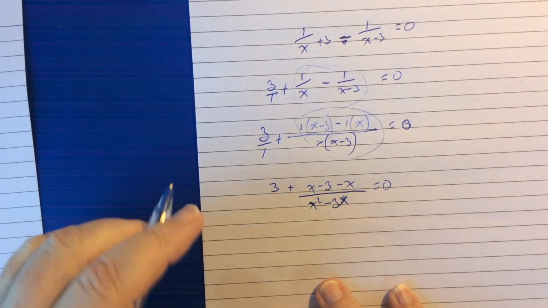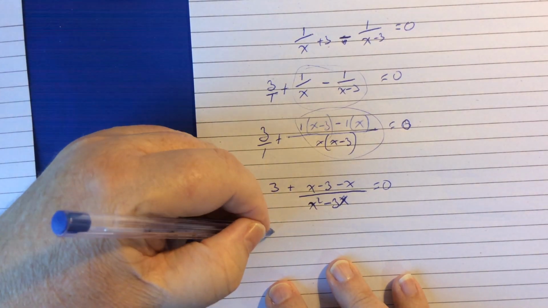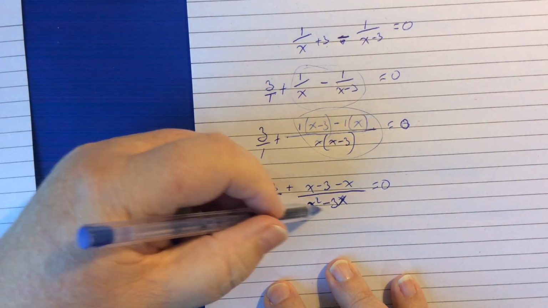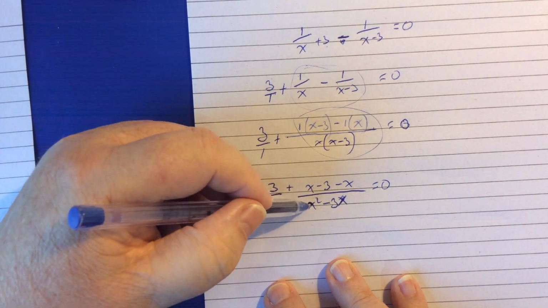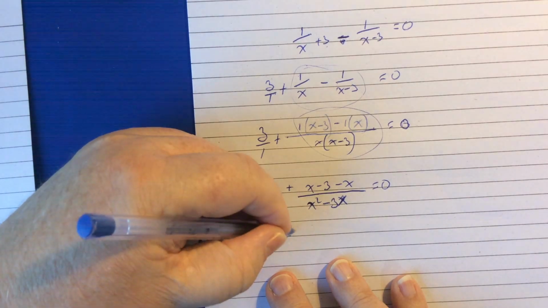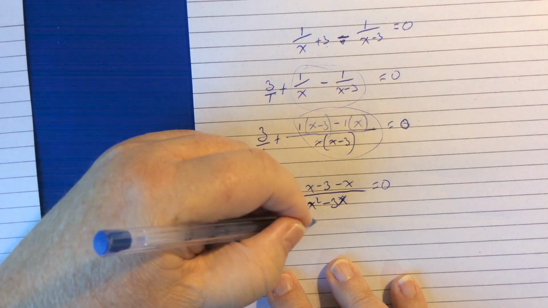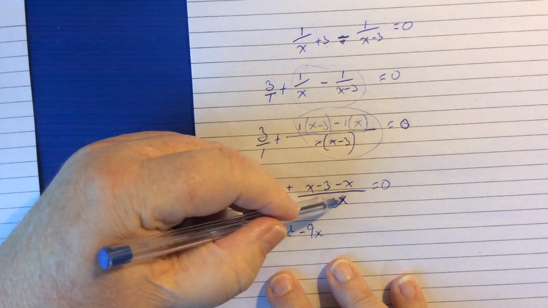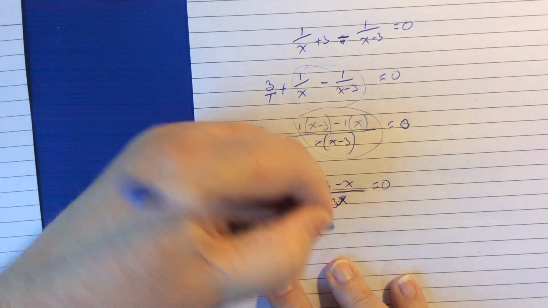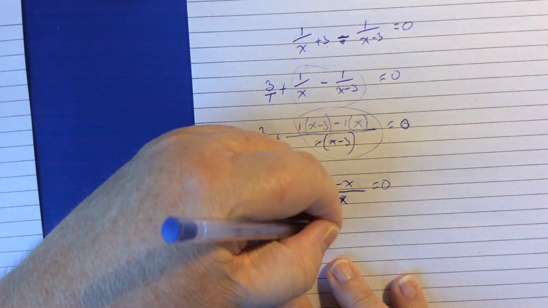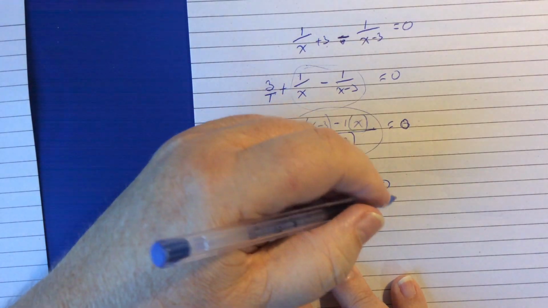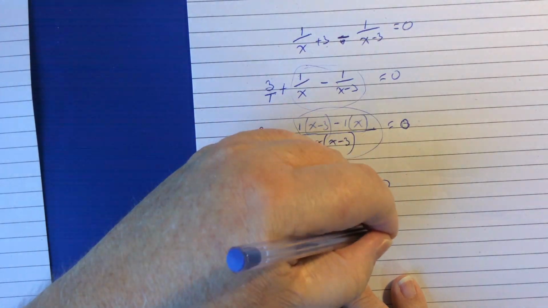Now we can tidy this up. We can get rid of this denominator simply by multiplying everything by x squared minus 3x. And what we get is 3x squared minus 9x, so that's that times that, plus x minus 3 minus x equals 0.